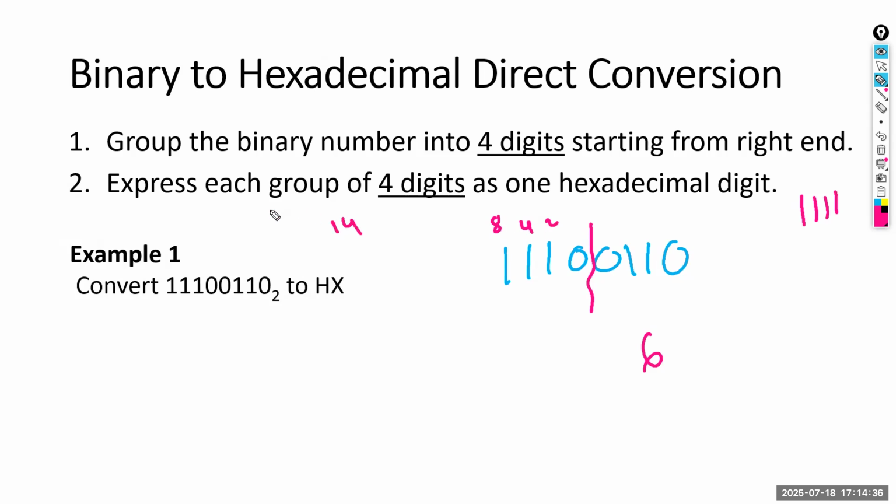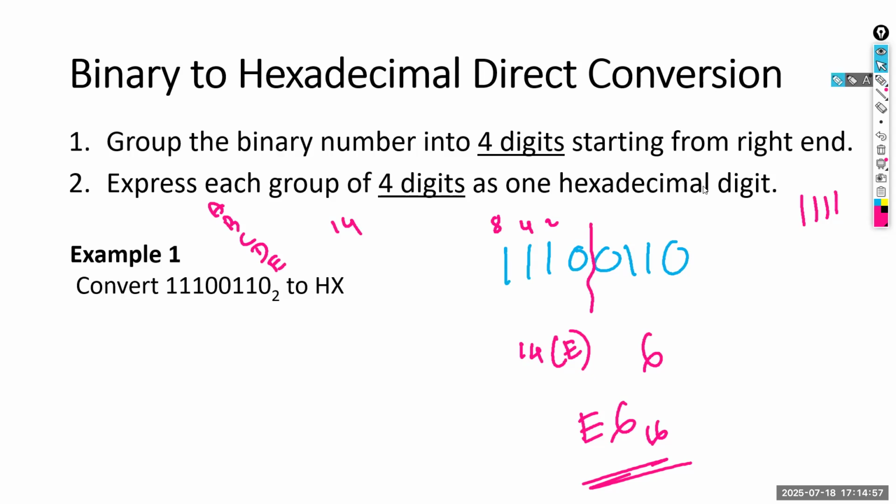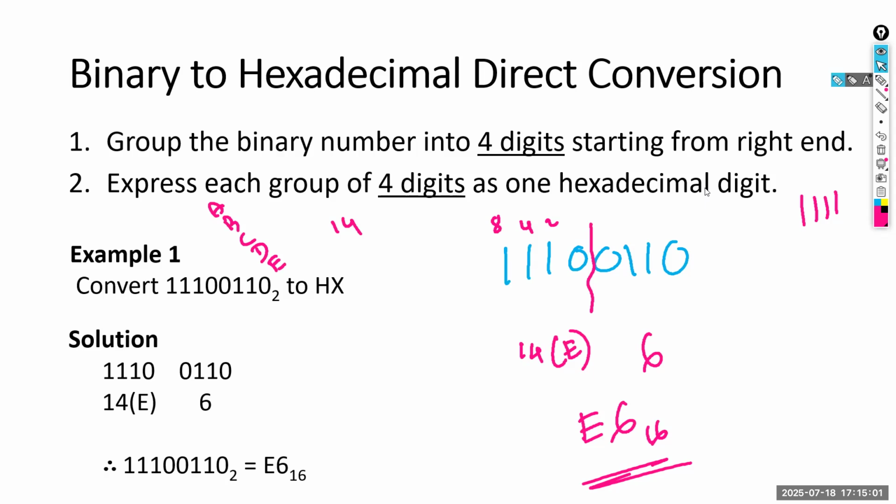What is 14? A, B, C, D: 10, 11, 12, 13, 14, so E. 14 means E. Therefore my number is E6 in hexadecimal. Take chunks of 4 from the right-hand side. E6, that is super fast.